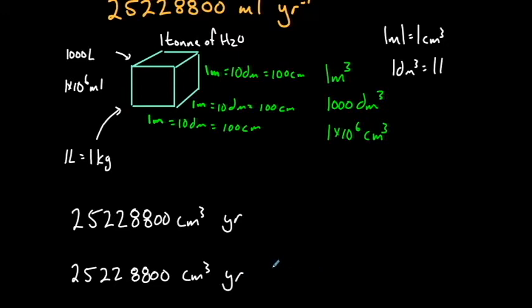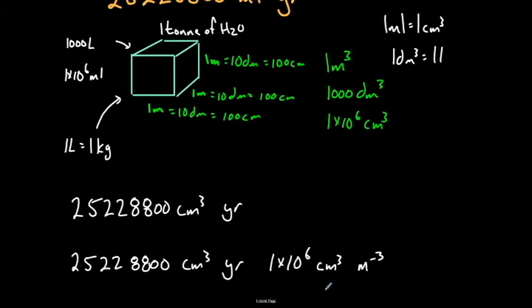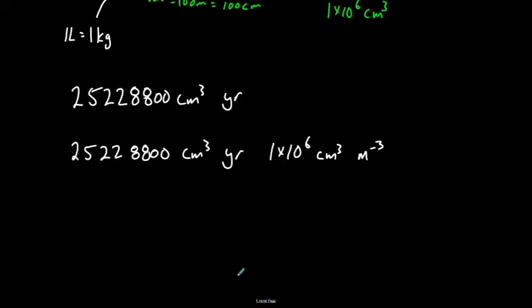And we know there's 1 times 10 to the 6 cubic centimeters in every cubic meter. Okay? But we realize too that this number is going to get smaller when we go from cubic centimeters to cubic meters, and we see that our units don't jive, right? So this is a scenario where you need to invert this value.